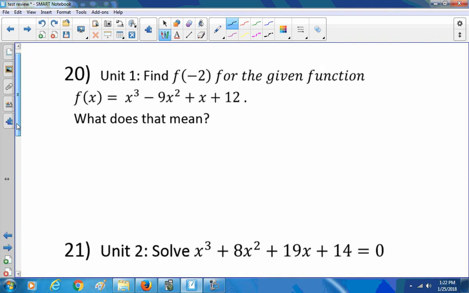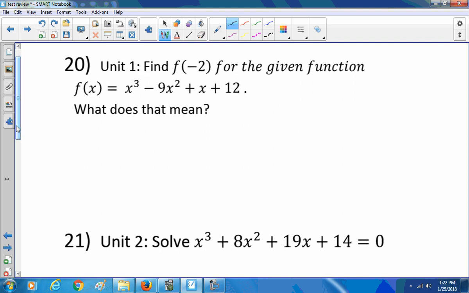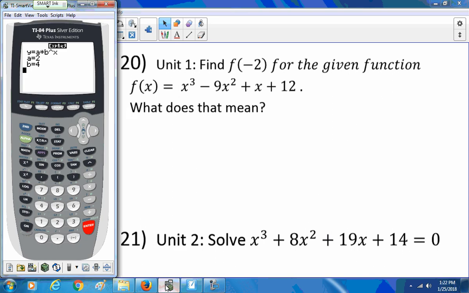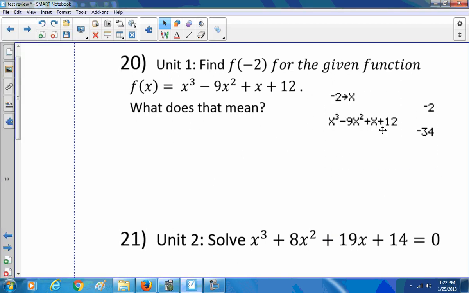20. Oh, time for some review problems. Unit 1, find f of -2. Remember the easiest way I showed you how to do this was to use our store function. So we're going to do -2, store it into x, and we're going to type in our function, x to the 3rd minus 9x squared plus x plus 12. So the key is always what we write here, and people are still messing it up.